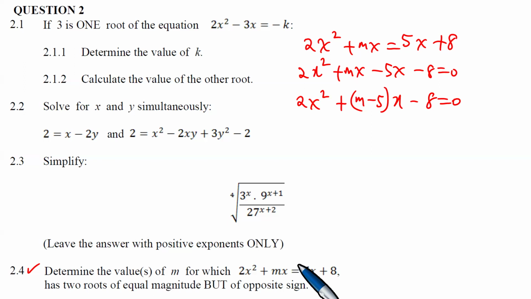Because we want to find the values of m. I must tell you that this question can be done without the discriminant. But we are interested in determining the values of m for which this equation has two roots of equal magnitude but opposite sign.